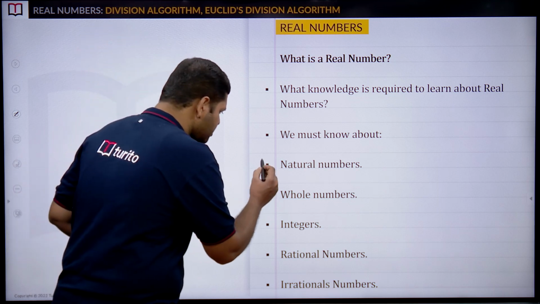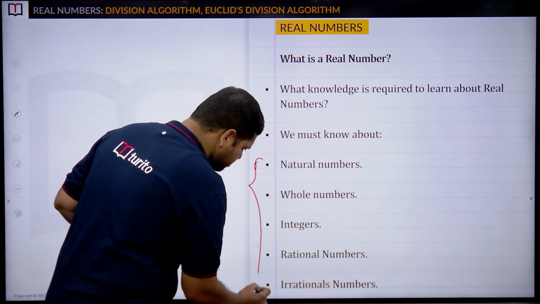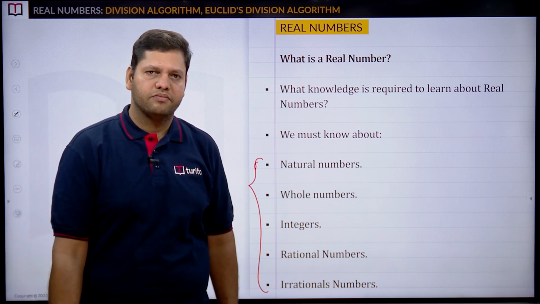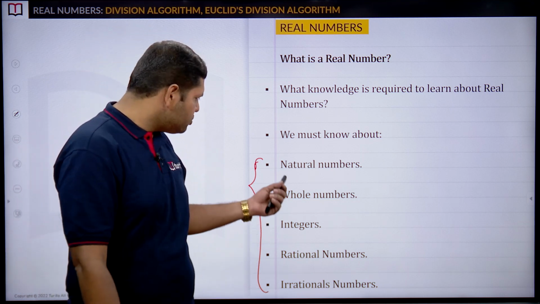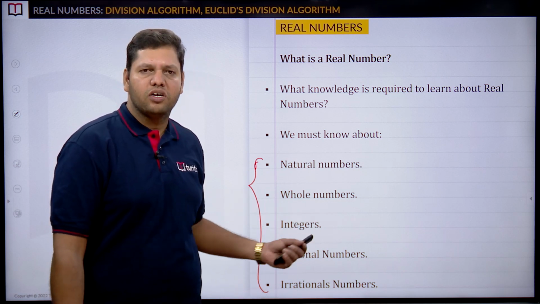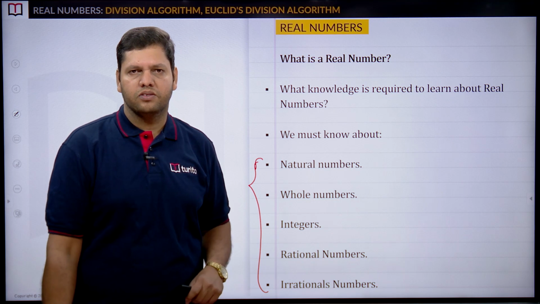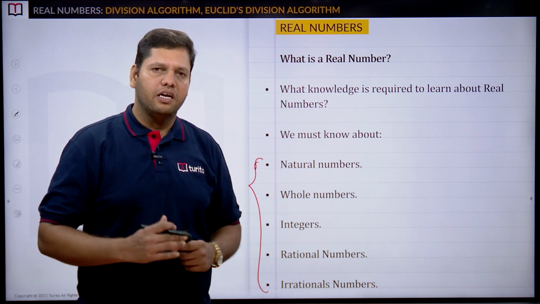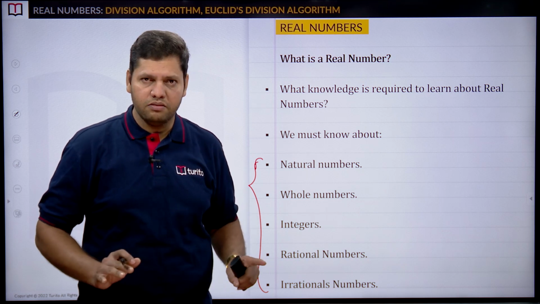Children, once you know about all these types of numbers, then only you can understand what a real number is, isn't it? So first let us know what a natural number, whole number, integer, rational number and irrational number are. Then we can discuss what a real number is. Clear children? Yes.